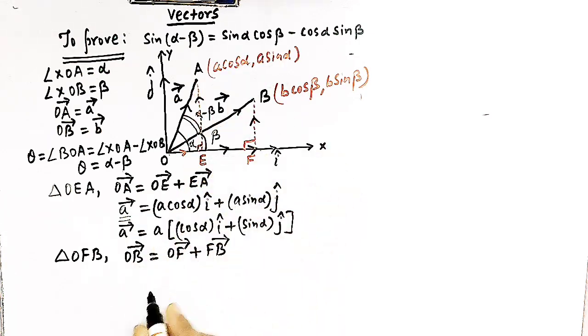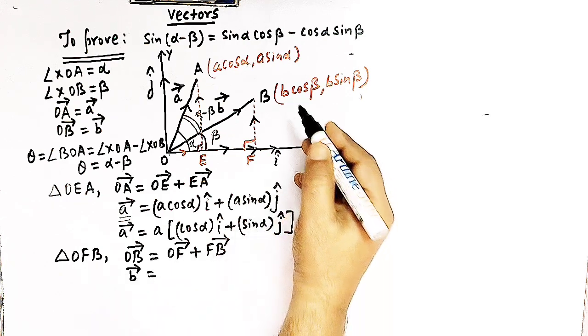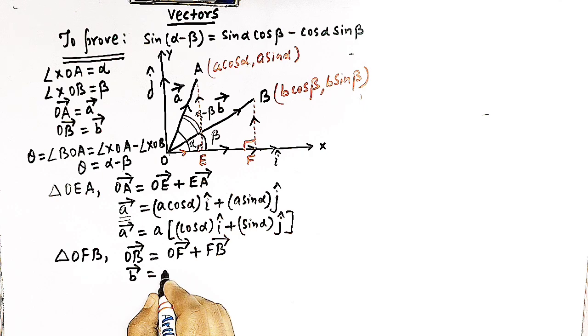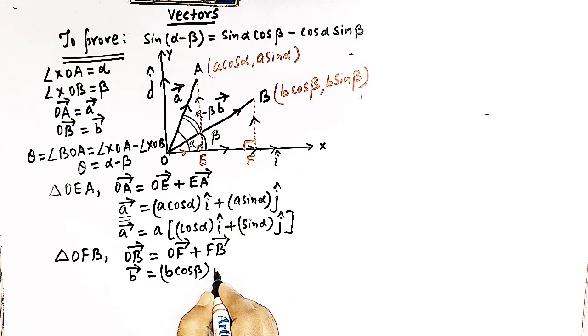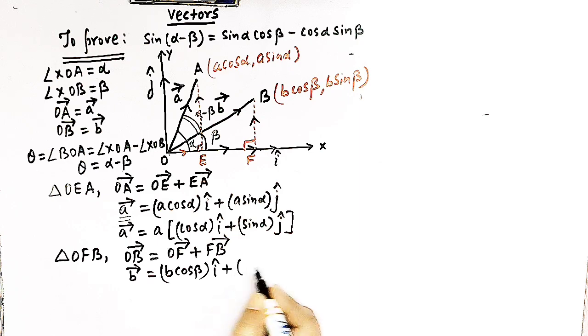So now we have vector B, and OF can be written as B cos beta I cap, and vector FB as B sine beta j cap.